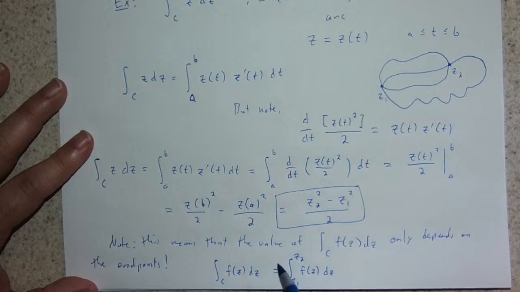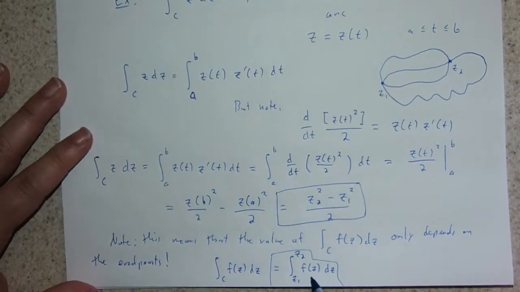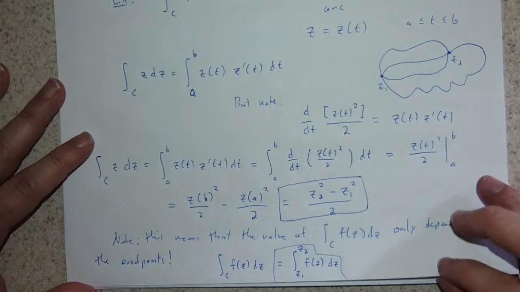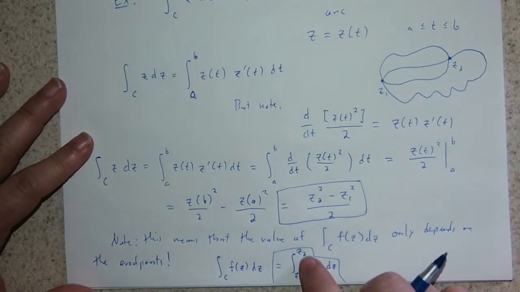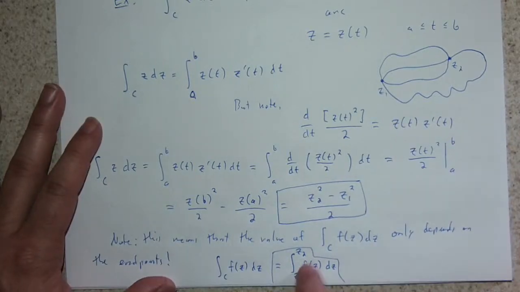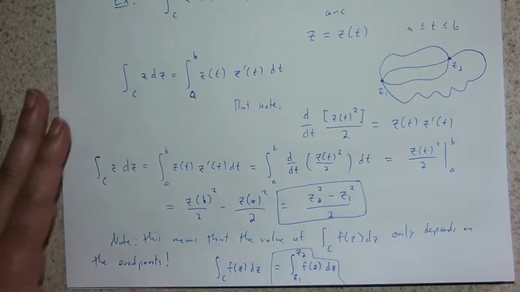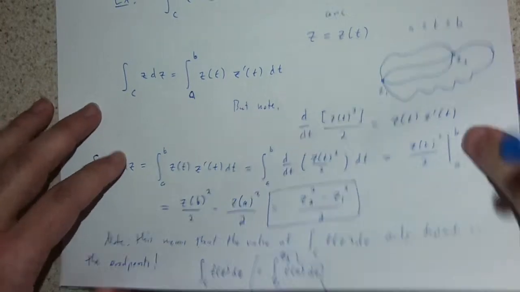And now you understand why notation like this would make sense in this case, because otherwise it very much depends on what path you're taking to get from z sub 1 to z sub 2. But if you're in one of these instances where all that matters is the endpoints themselves and the path you take doesn't matter, then there's no ambiguity in writing this instead of this as a contour integral. Okay, so that's the first thing you note.